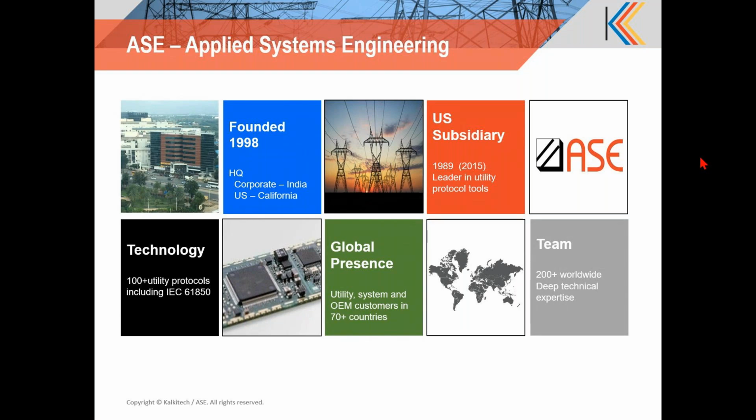ASE originally had test set products and protocol gateways, and Calcitech also had several communication products. By merging these two entities, we now have a lot of capabilities in the protocol, and we are providing a lot of communication solutions to the industry.